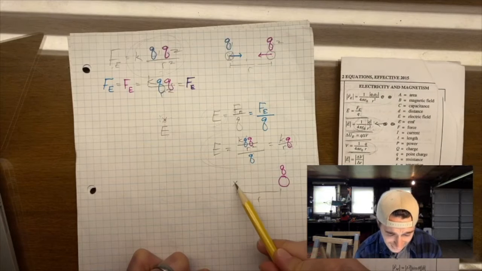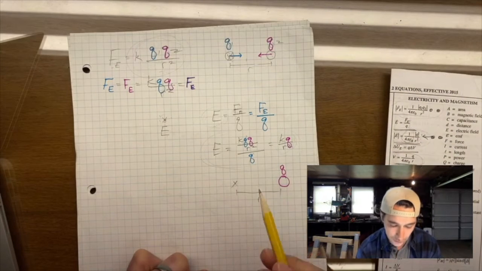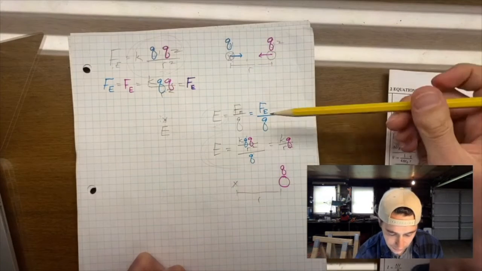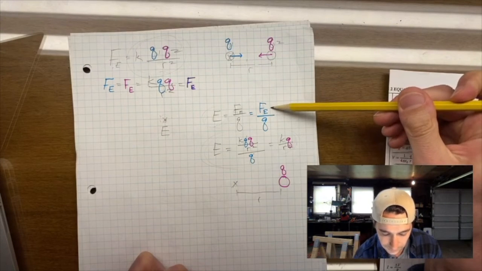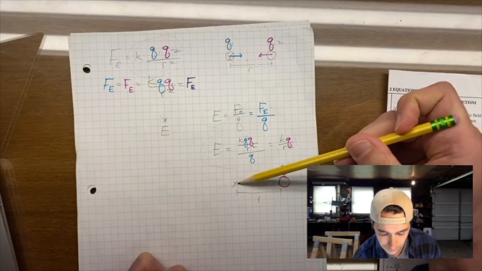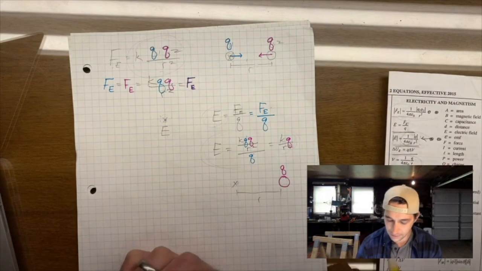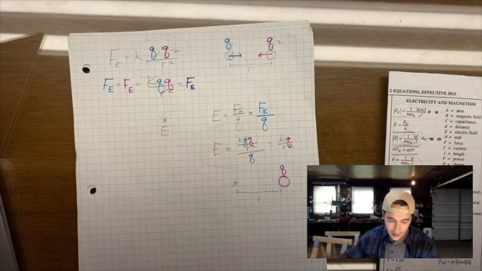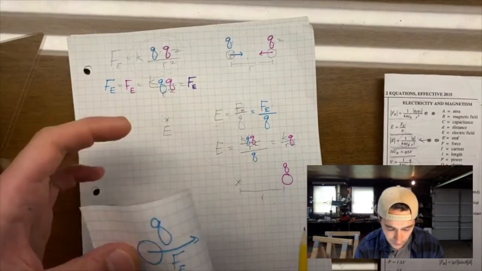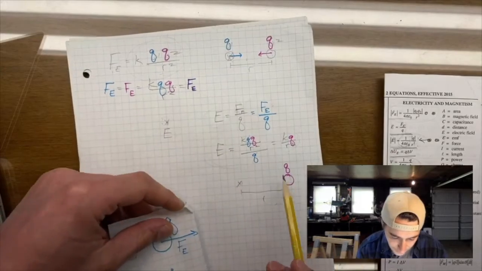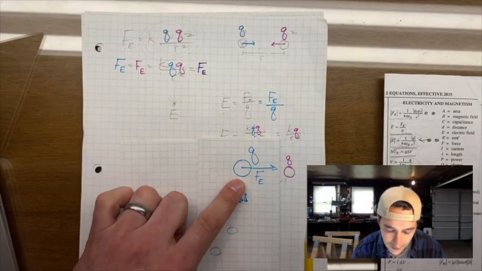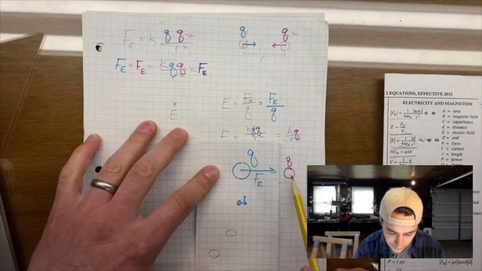So at this hypothetical location, if there was a charge there, what force would it feel? And let's get rid of the actual charge of the object I placed there. Because if I put a big Q at that location, that big Q would feel a lot of force.